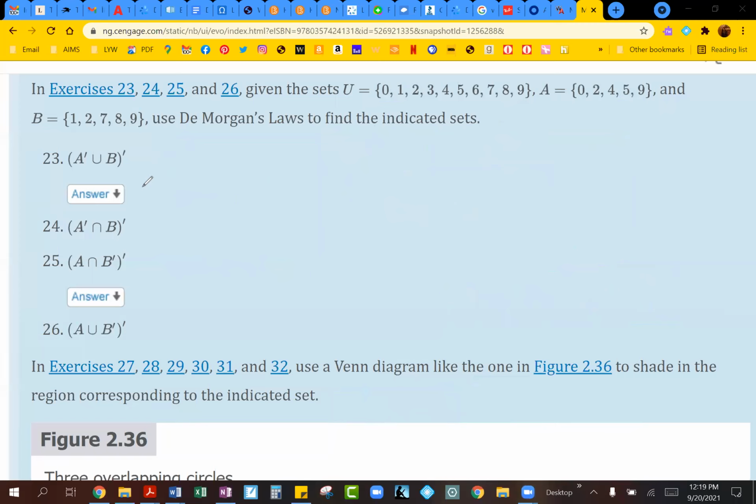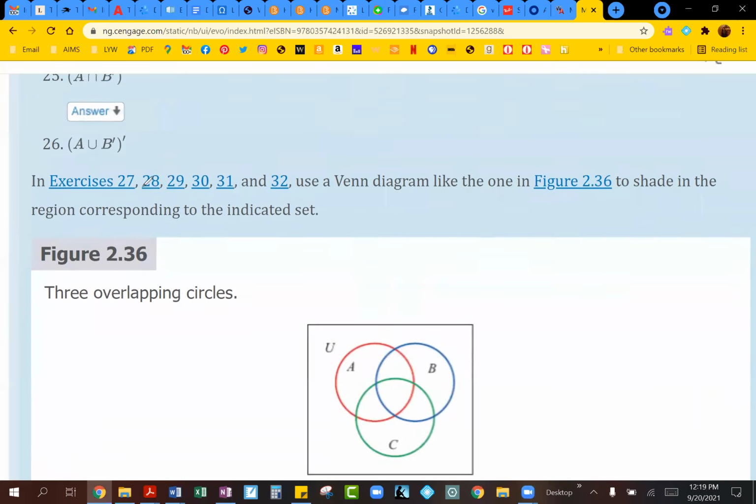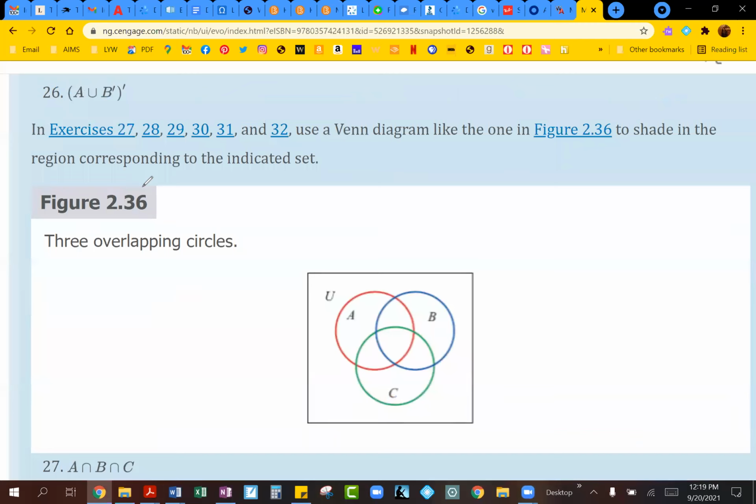I think we should have enough time to do one more example, and this one is based on number 30. You can see this one is talking about using a Venn diagram like the one on your screen to shade in the corresponding region.